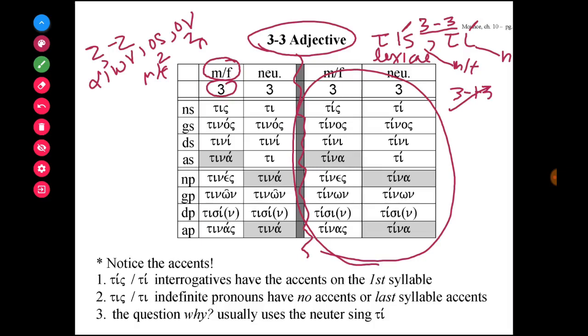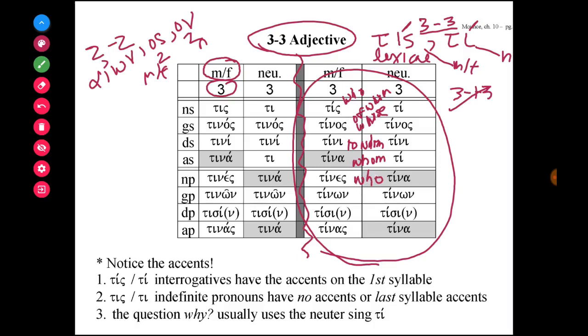So this is translated as who. The genitive would be of whom or whose. The dative would be to whom, and the accusative would be whom. The plurals, there's no differentiation in English between the plurals and singulars for the interrogatives, so this would just be a repeat.